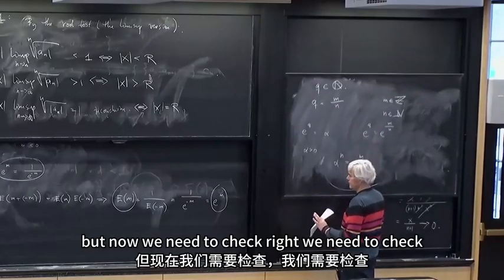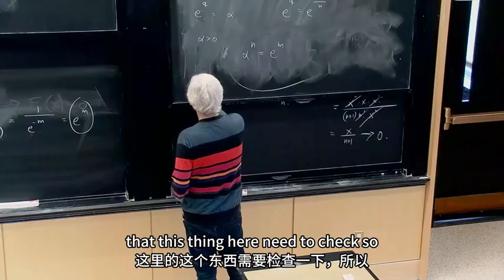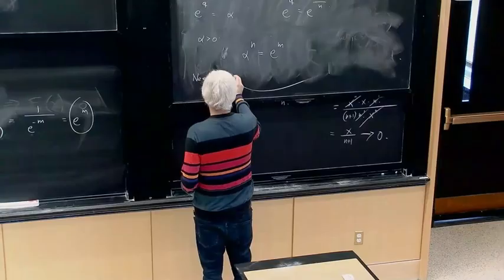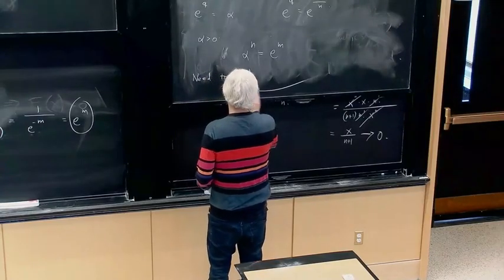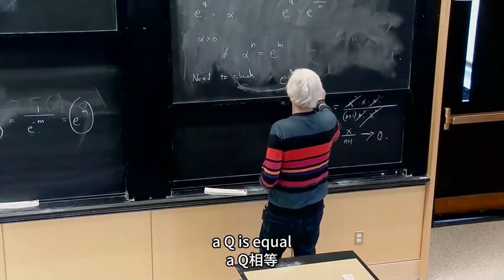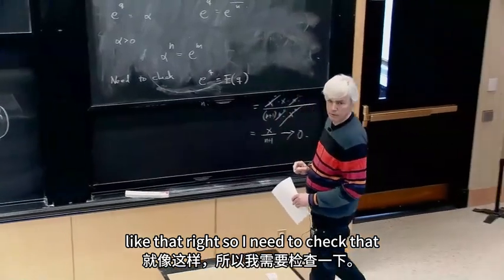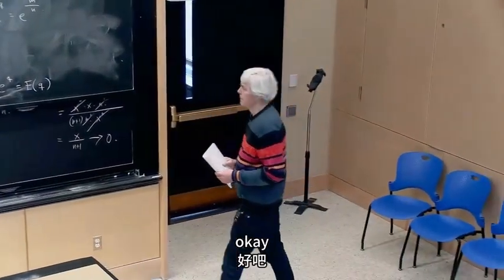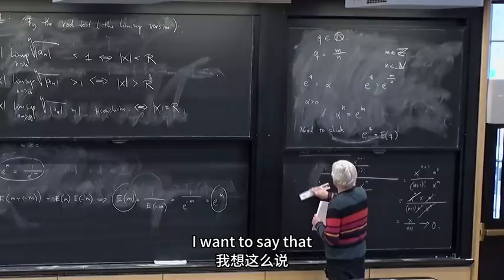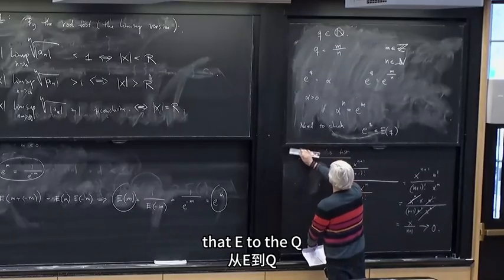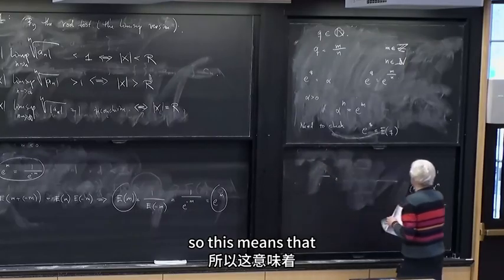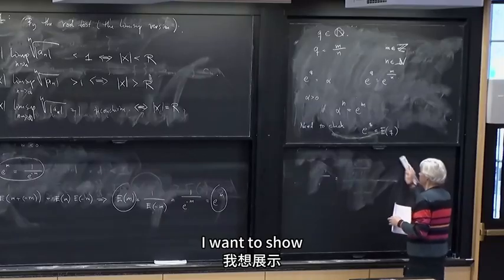But now we need to check that E of Q is equal to E to the Q, that is, alpha.